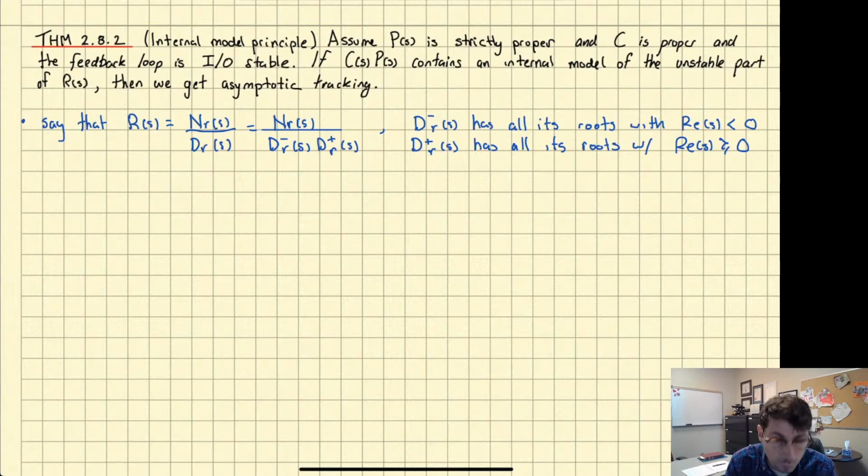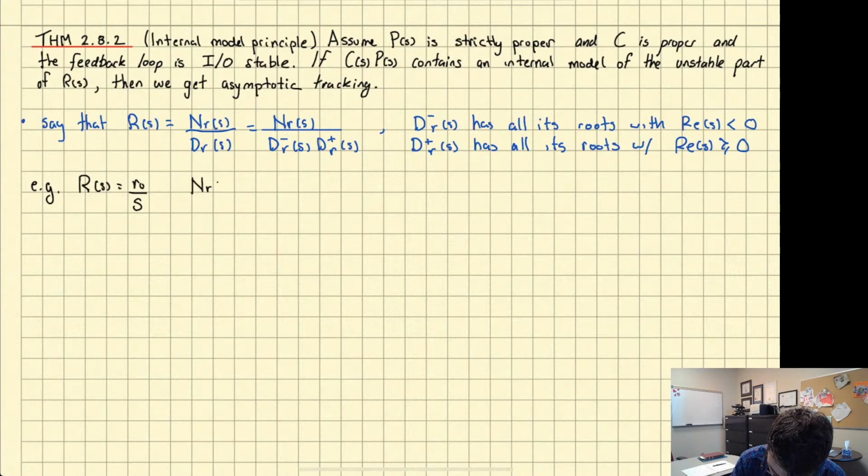To remind you of what this looked like for a step, in our example from last class, our reference signal was this, our step input. In this case, the numerator of R of S is just the constant R naught.